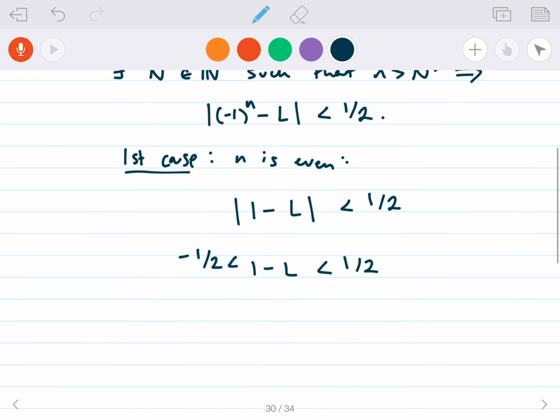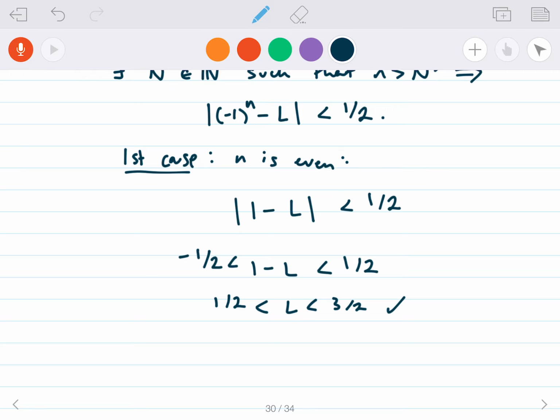Then I subtract 1 from everybody and isolate L. When I subtract 1 and divide by the negative, I end up getting that L is between a half and 3/2.